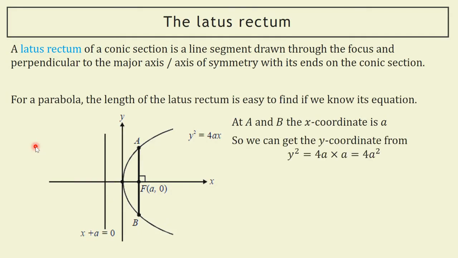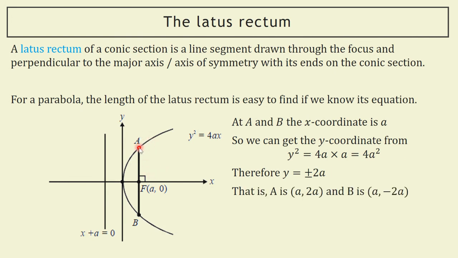So y squared is 4a times a, which is 4a squared. Let's square root to get what y is, remembering we get a plus or minus when we do a square root. So y is plus or minus 2a. So at A, we have the coordinates (a, 2a), the positive y value, and at B, we'd have coordinates (a, minus 2a).